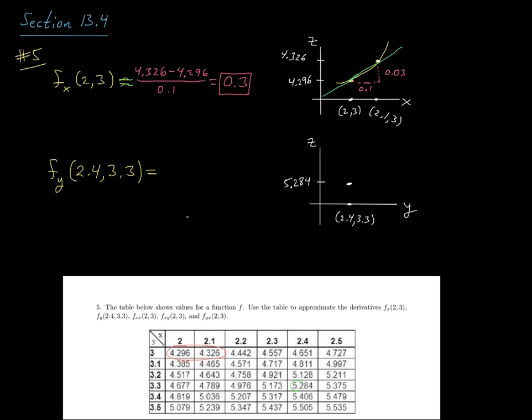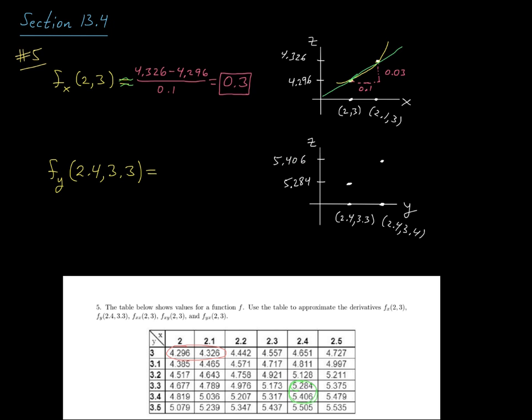Since this is a y derivative, I want to take a step forward in the y direction, so x is constant, still 2.4, and y bumps up from 3.3 to 3.4. We want the z height at that point. Down here on the table, we are moving down, looking at these two points. The height up there is 5.406.